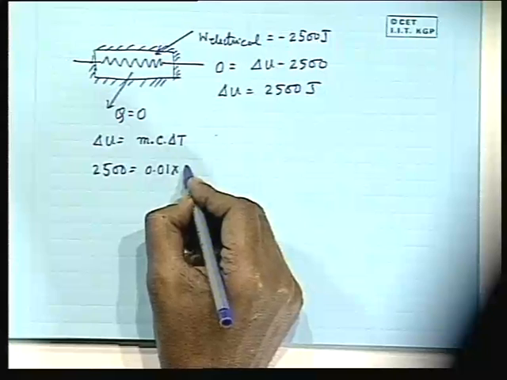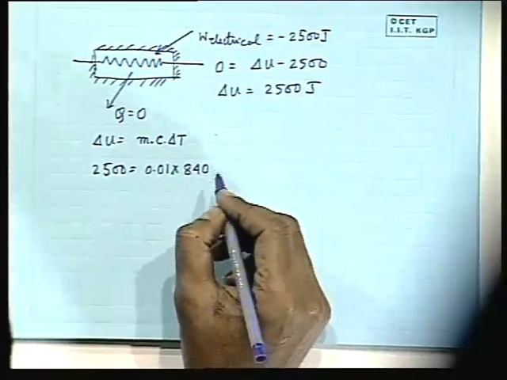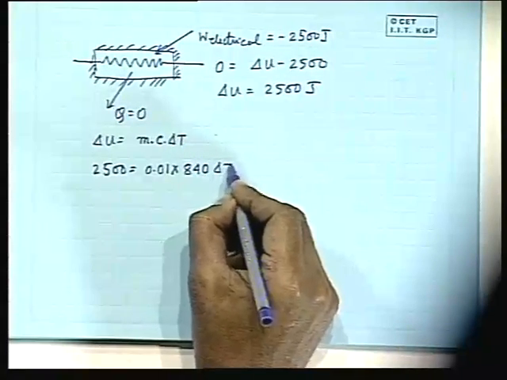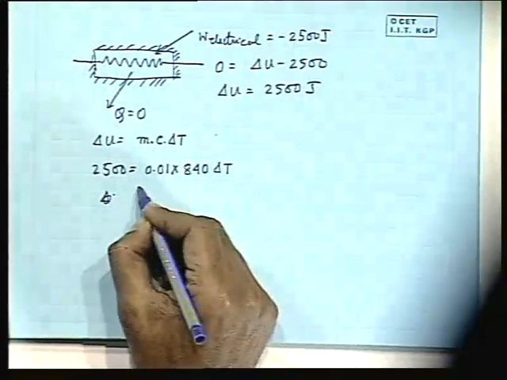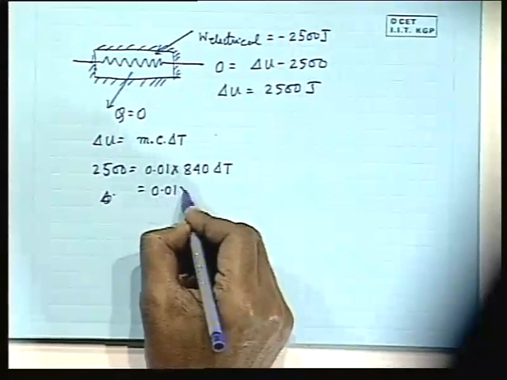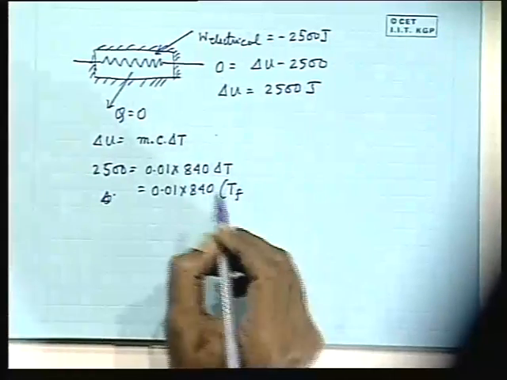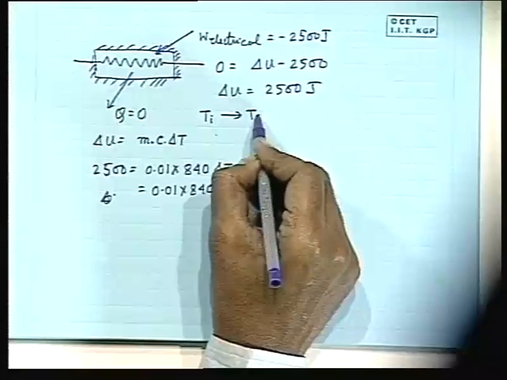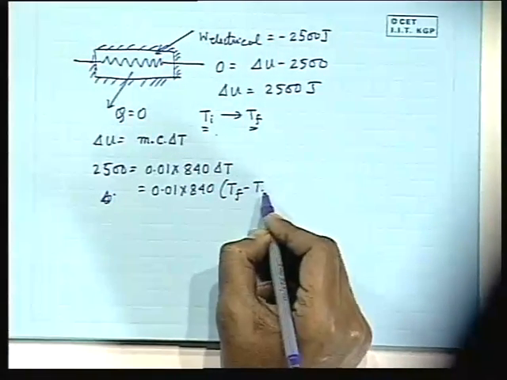0.84 kilojoules, so you have to transfer to joule, that means 840 joule per kg K, times the temperature difference, delta T, that has to be found out. So delta T I can write rather straightforward, 840 into Tf minus Ti, where Tf is the final temperature and Ti the initial temperature. What is Ti?